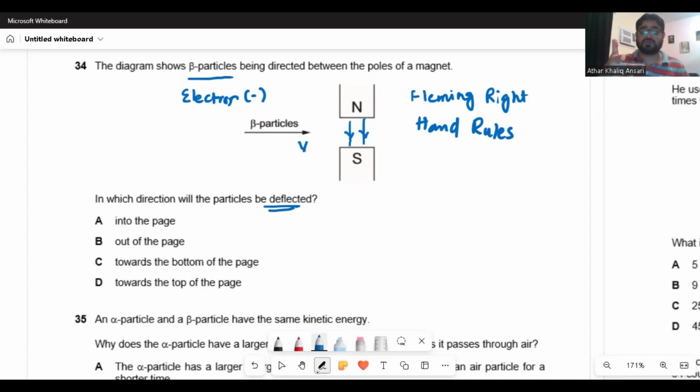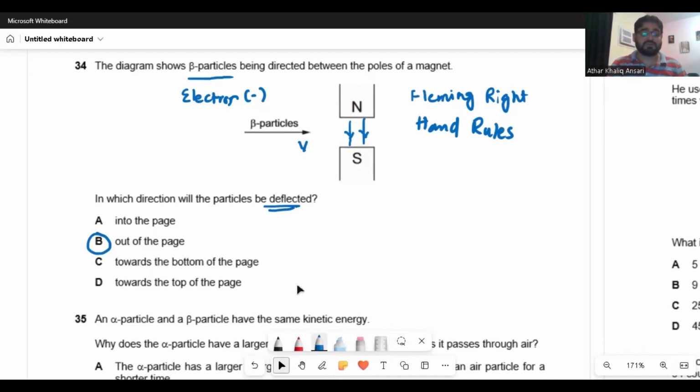The magnetic field is from up to down, and the velocity is in this direction. So the thumb is pointing toward me, out of the plane of the paper. It will experience a force due to which this particle will move away from the screen, out of the paper. So we can simply say this is out of the screen.